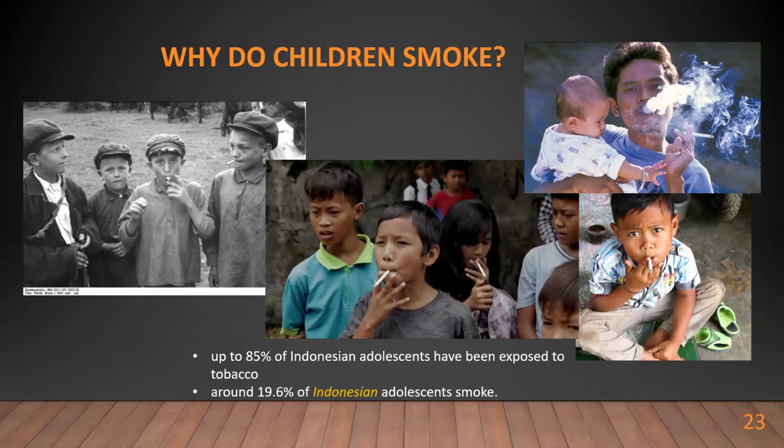So you see war children who are smoking cigarettes. And you see the same picture in modern-day Indonesia, where you have 85% of adolescents exposed to tobacco and 19.6% of adolescents smoking. And I'm pointing this out because it came to my attention when I saw a news report about how child smoking is a problem in Indonesia.